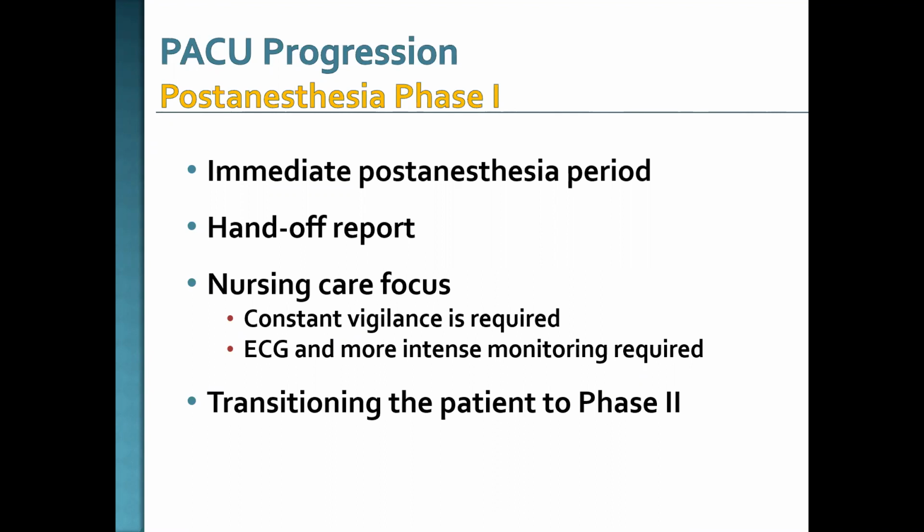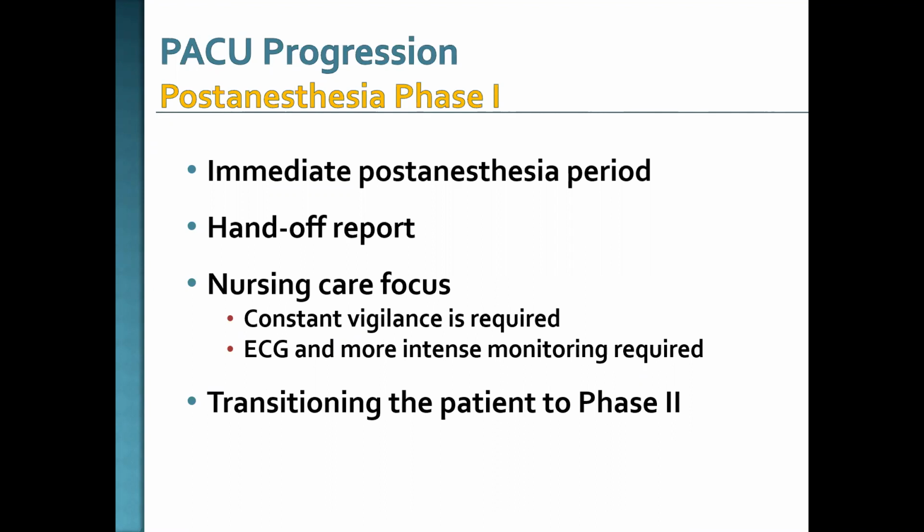Frequent assessment of circulation, including body temperature, capillary refill, skin color, and moisture is important. Frequent assessment of the neurologic system, such as level of consciousness, orientation, sensory and motor status, and your patient's pupils.